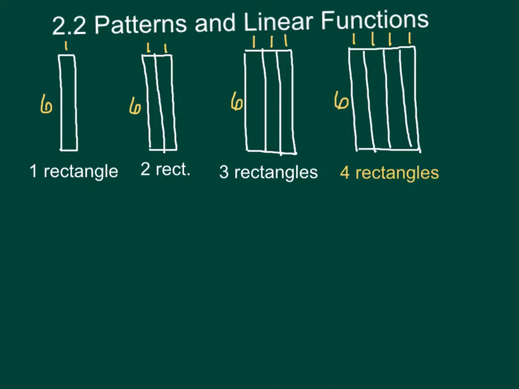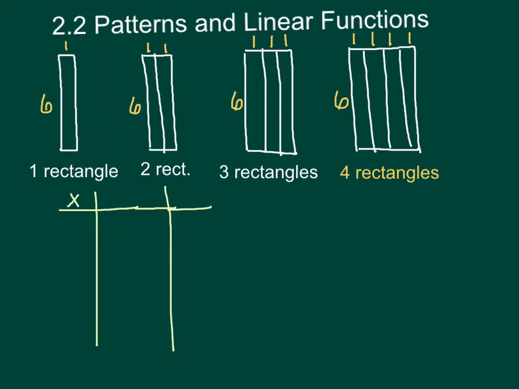So let's start with a table. We can just do a little t-table. So here's our table. X is going to be the number of rectangles. So X represents the number of rectangles.